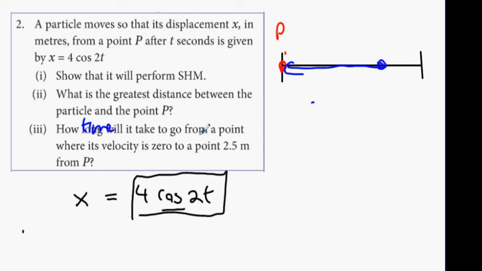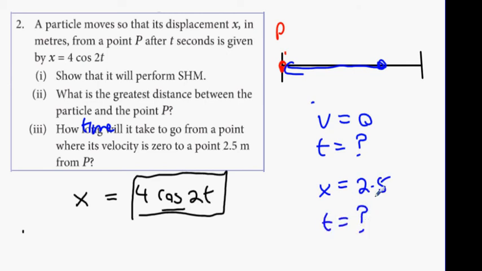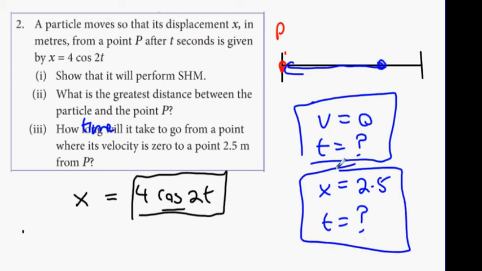Phi equals 0 is the first piece of information. You need to find the time. And then you also want to find when x equals 2.5, find the time. So you have two pieces of information here, yeah? Okay. So, the velocity is 0 at the extremities. Do you understand? So, velocity equals 0 at the extremities.